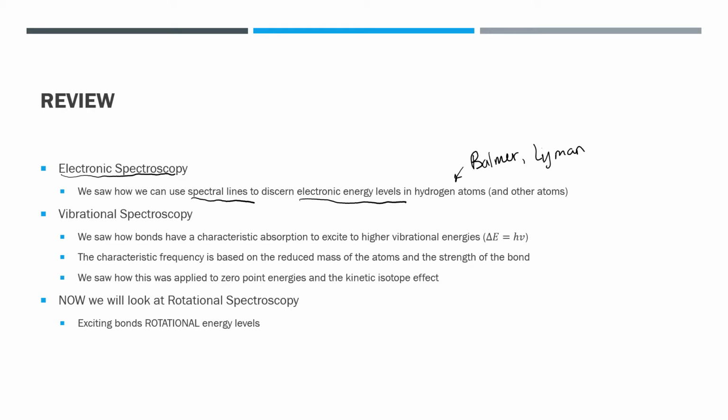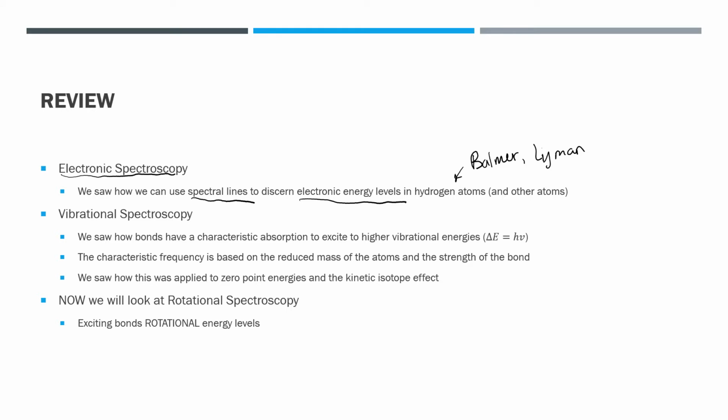These spectral lines are basically where electrons are absorbing certain frequencies of light, and they're jumping up or down their electronic energy levels. When they're jumping up, they're absorbing these frequencies. When they're jumping down, they're emitting these frequencies.